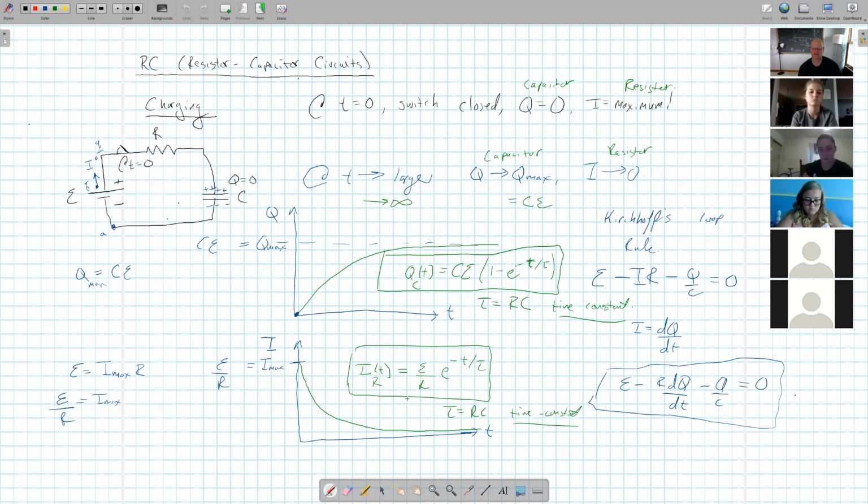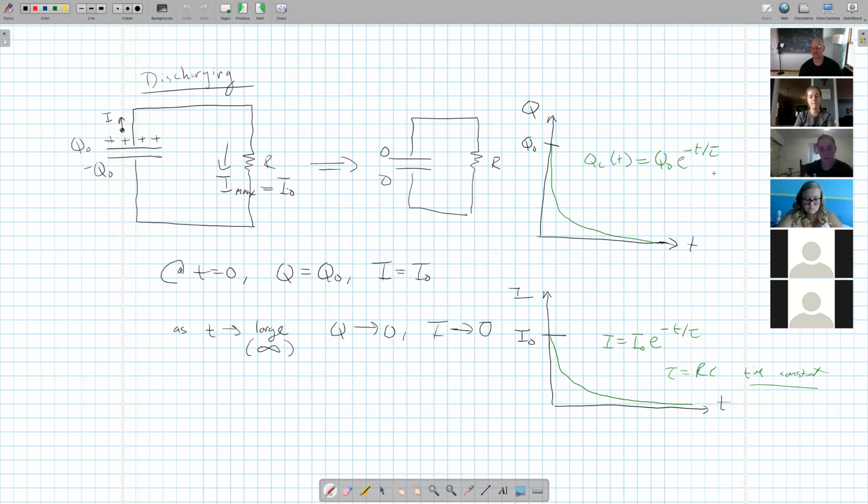This is the current through the resistor as a function of time while it is being charged. When it's being discharged, we now have these two equations, which say that the charge on a capacitor is equal to whatever the initial charge was, which could be the maximum charge or it could be something else. It doesn't have to be the maximum charge. This is just whatever the charge is at t equal to 0.